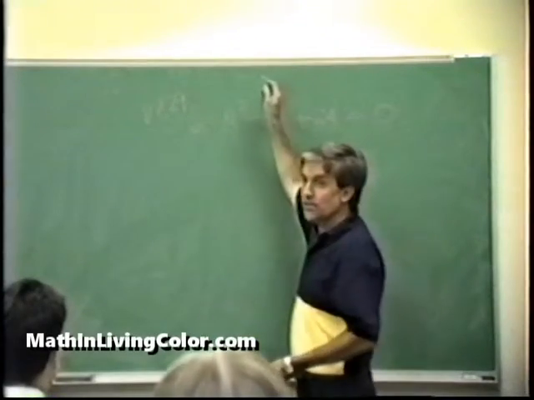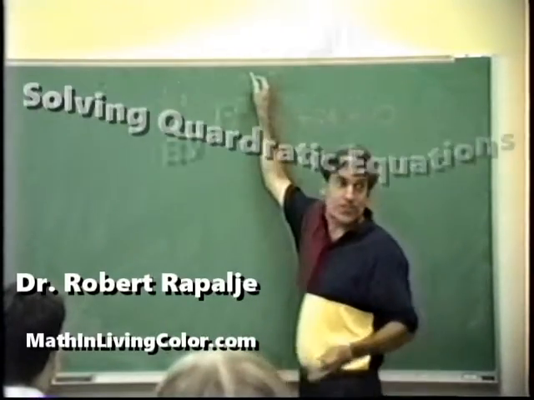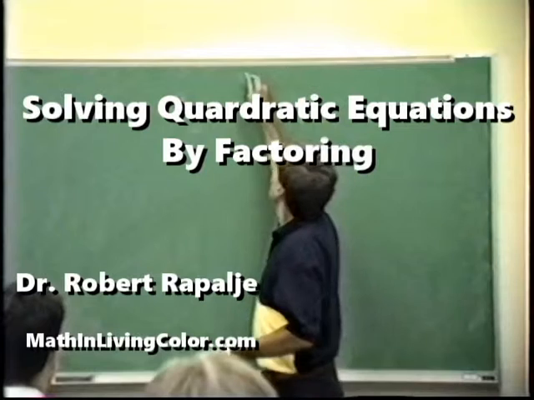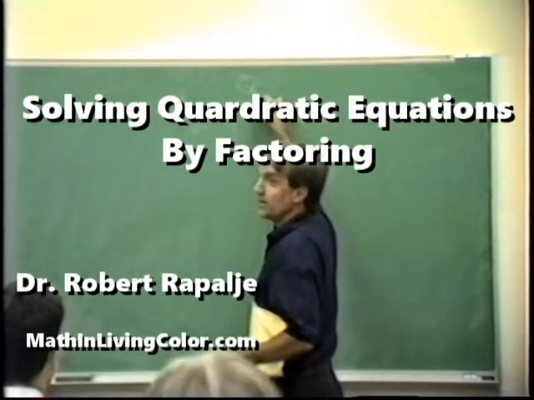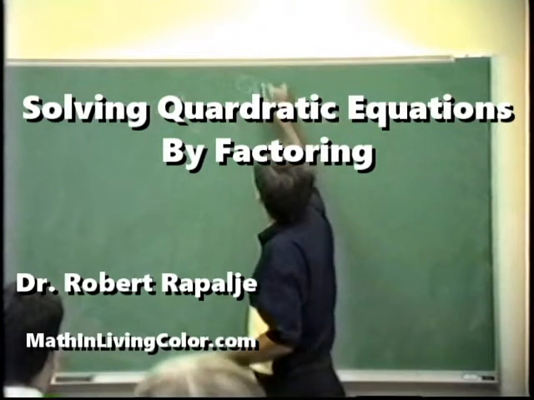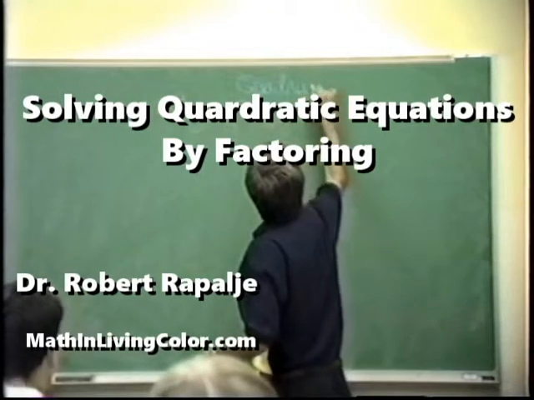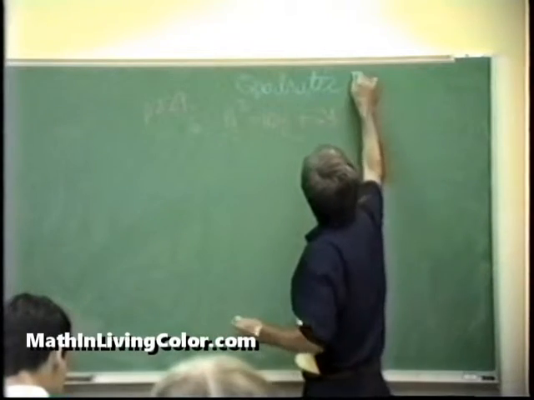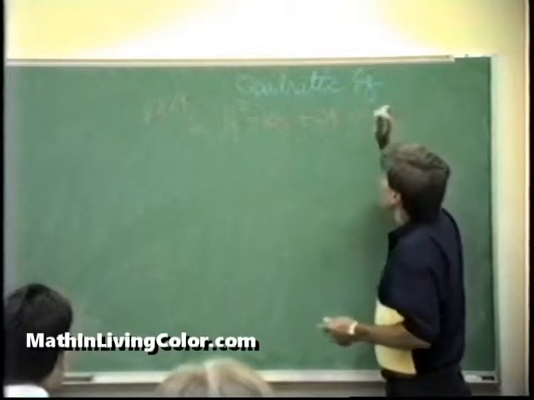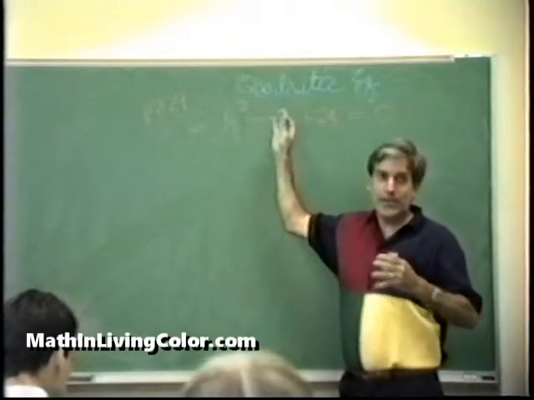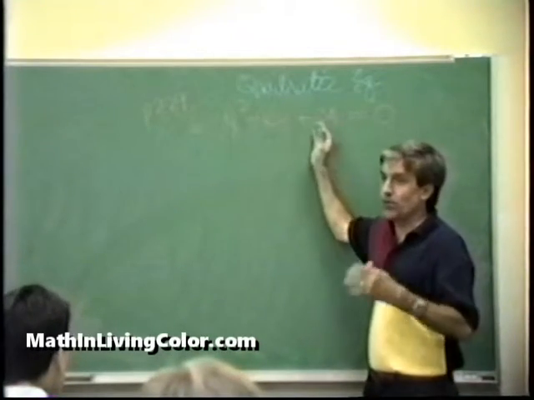Did y'all have basic algebra here 5 years ago? The Q word. Quadratic, yes. Any equation that has a variable squared in it is going to be a quadratic equation.